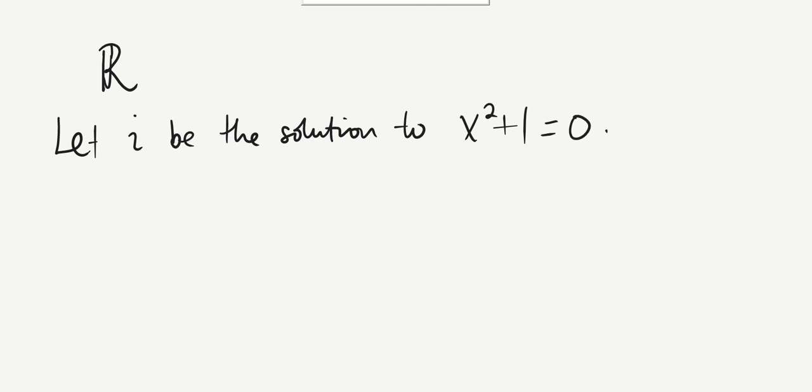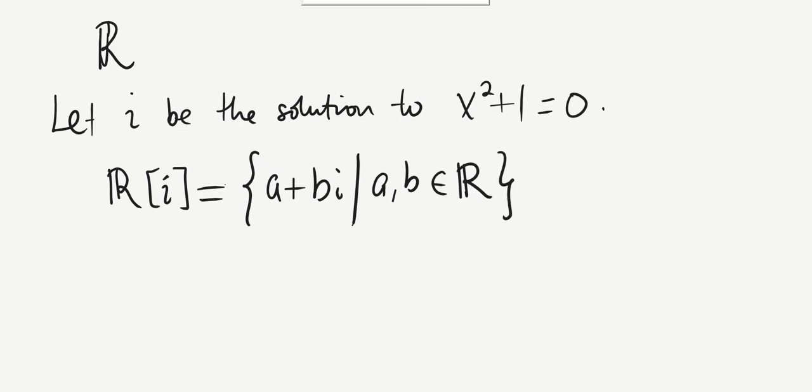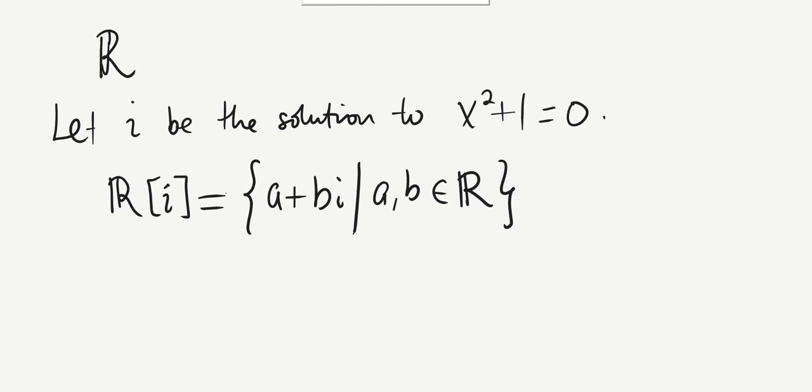And for the same logic, we will generate a field R[i], which is in the form of a plus bi, where a and b are real numbers. And it's a great exercise to check yourself that this is a field as well.